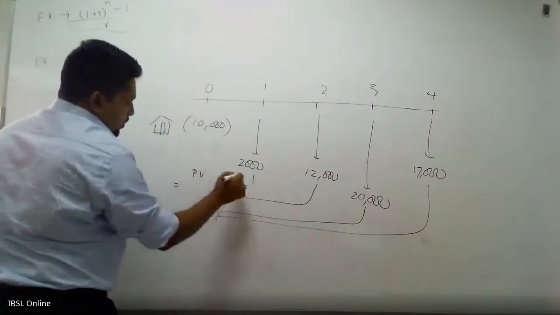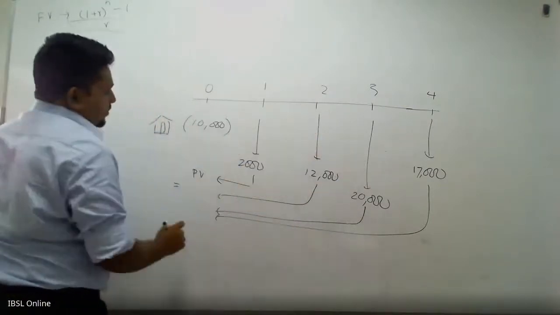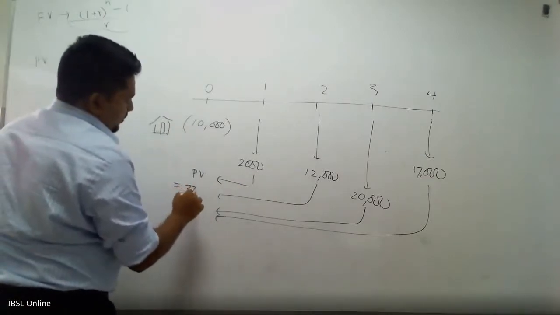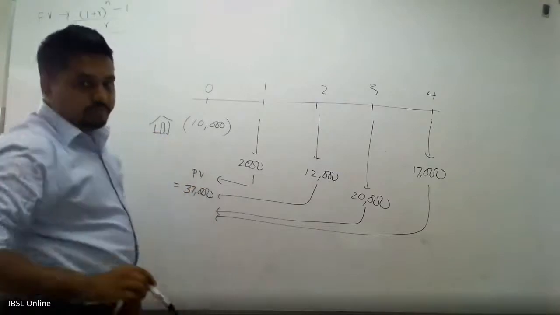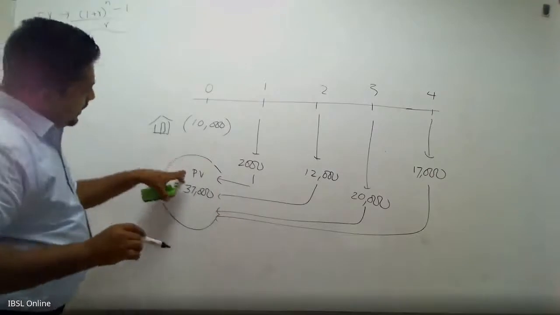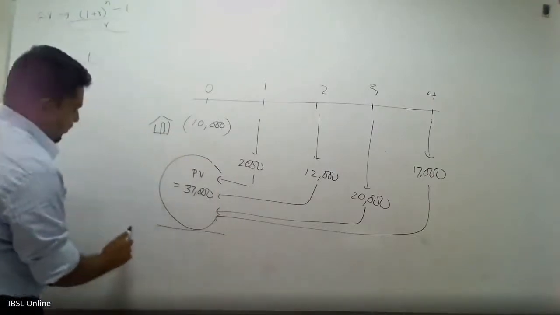I'm going to just take this present value, forget this part. Present value of these will be, let's say, 37,000. This versus this will be my net present value.